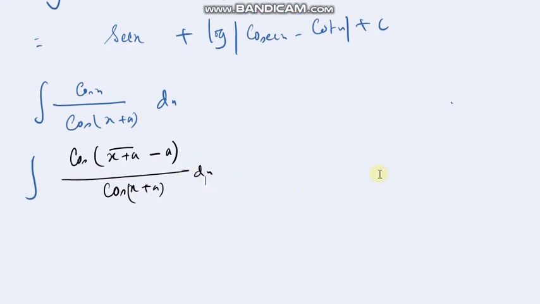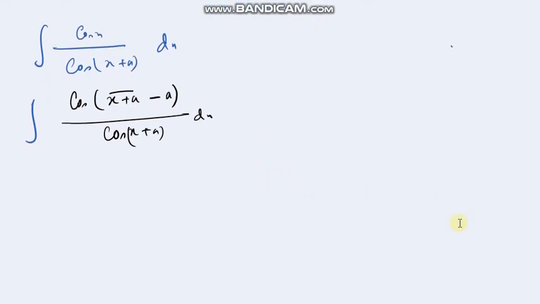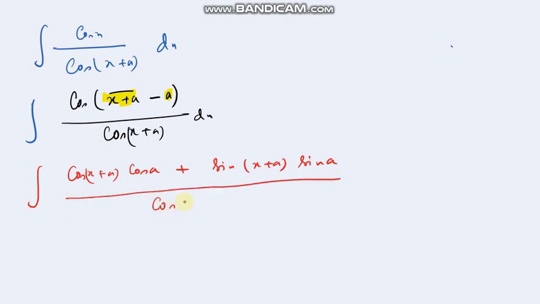The formula we know for cos of a minus b is cos a cos b plus sin a sin b, right? If I take this one as my a and this one as my b, then my formula will be cos a cos b plus sin a sin b divided by cos of x plus a.